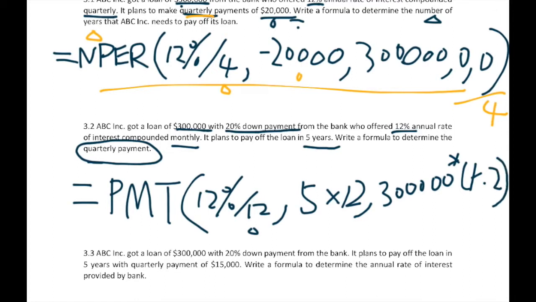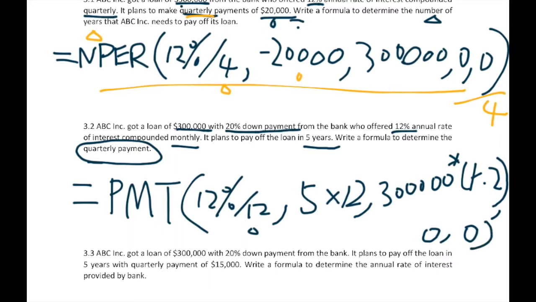Our future value, sorry there's no space, I'll just write it down here. The next part is the future value, which we assume is 0, and it does not mention beginning or end, so we assume the type is 0. Then this is PMT.